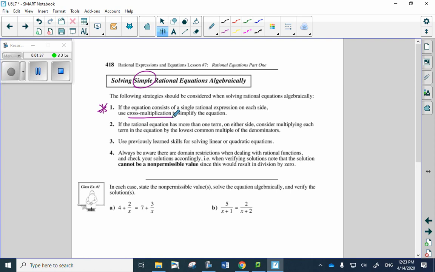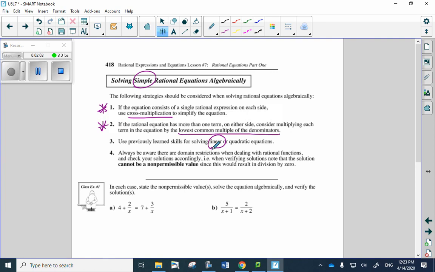The second one says if the rational equation has more than one term on either side, consider multiplying each term in the equation by the lowest common denominator, the LCD. That's our second strategy. With either strategy, we're always going to come up with a linear or a quadratic equation, and we're just going to focus on solving a linear equation.